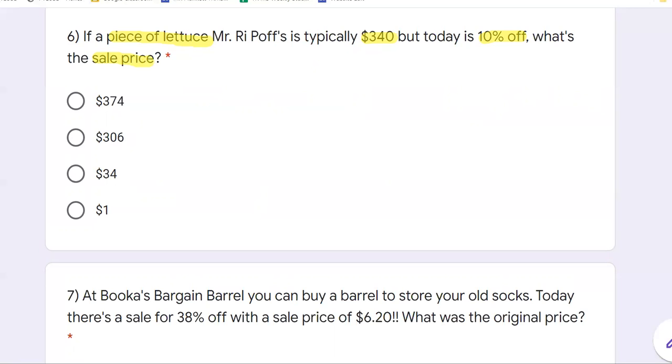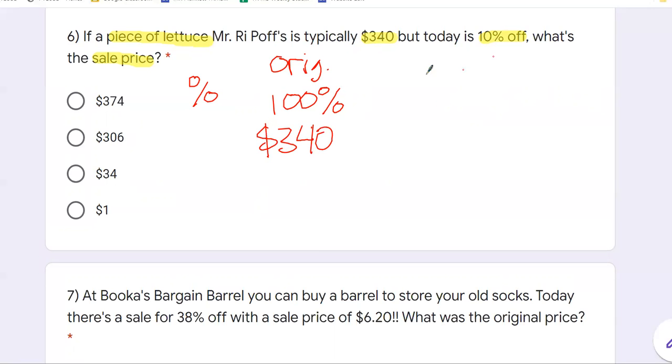So what we're going to do here is we're going to start with the percentages, just like we did before. But the original amount is always 100%, right? Okay, and in this case, that's $340. And then today it's 10% off.